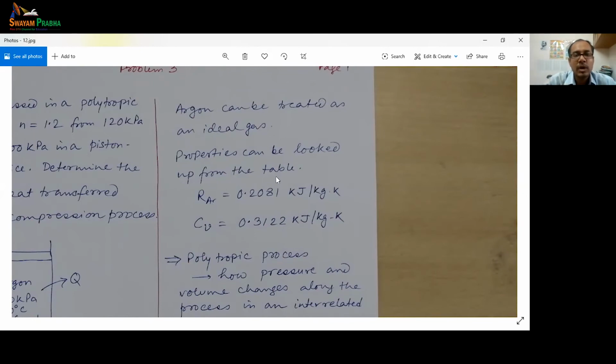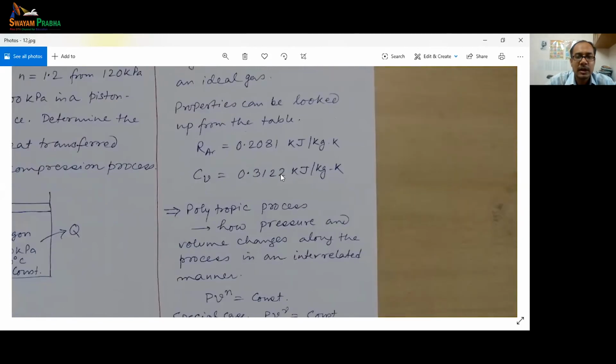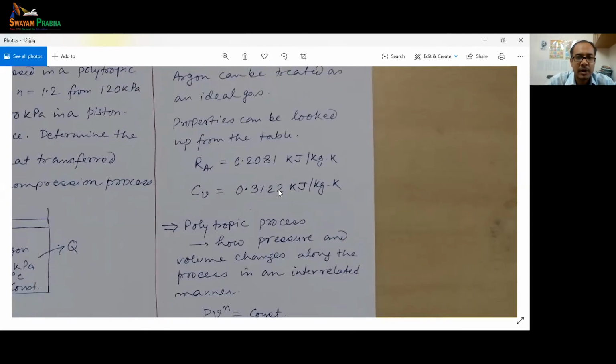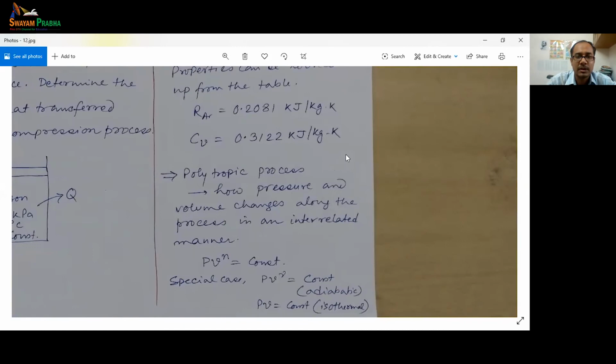So we can look up the ideal gas properties of argon. The properties we are going to need are the gas constant, R argon, which is 0.2081 kilojoule per kilogram Kelvin, and the specific heat at constant volume, Cv, which is 0.3122 kilojoule per kg Kelvin.